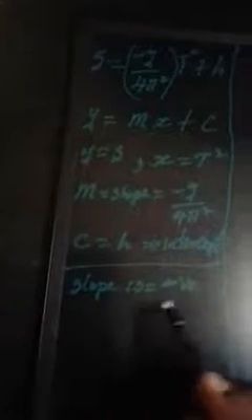The intercept could be on the x-axis or on the y-axis. But seeing here now, it shows that our slope is equal to a negative value. That means m is a negative value.